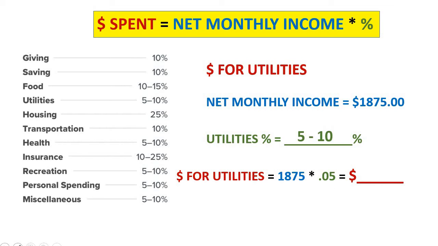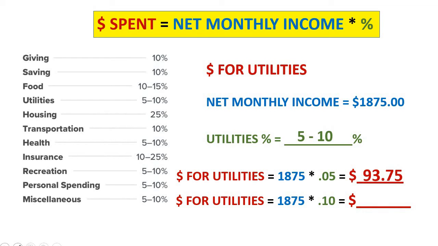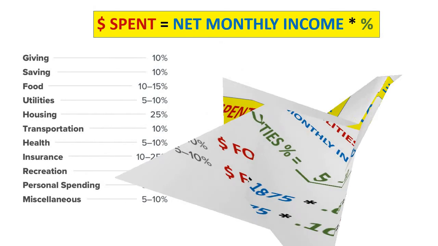So what's that minimum amount for utilities for the month? Awesome, 93.75. Again, now we need to look at our maximum amount. So we have monthly income times our percentage, but now we're using the high end. And so what's the maximum amount that we want to spend for utilities for 1 month? Awesome, 187.50.